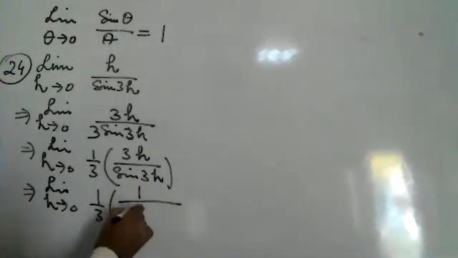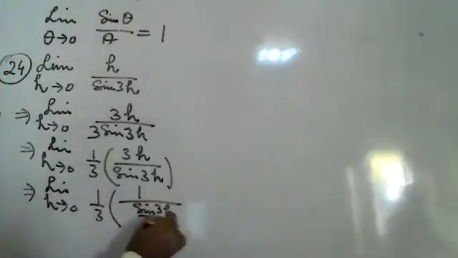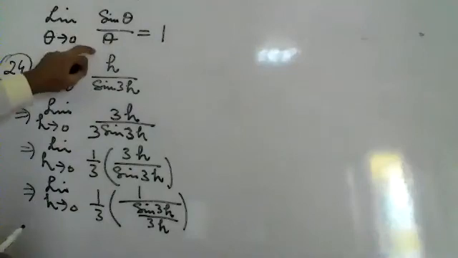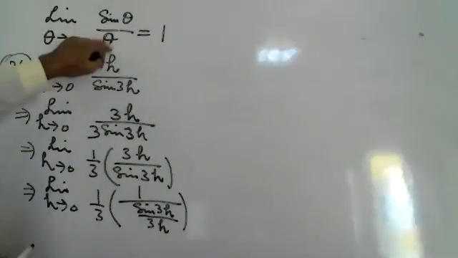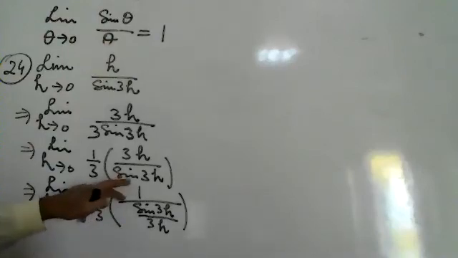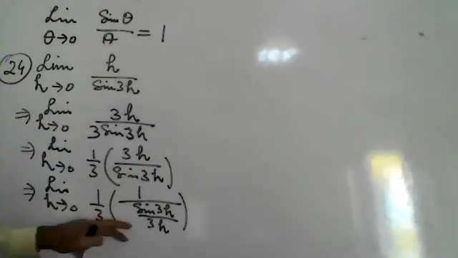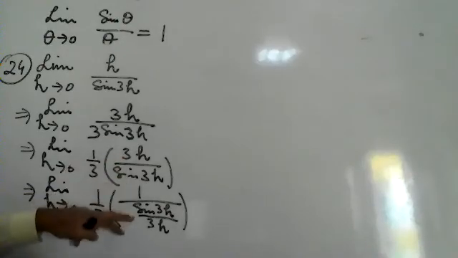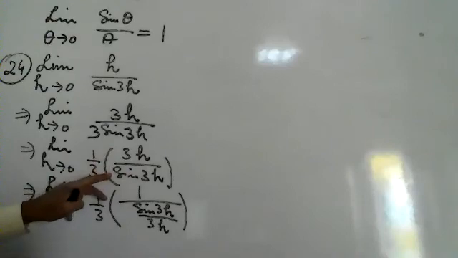So 1 over sine 3h upon 3h. Because we know that the limit of sine theta upon theta is 1, not theta upon sine theta. So we took the reciprocal, 1 upon the reciprocal of this one.